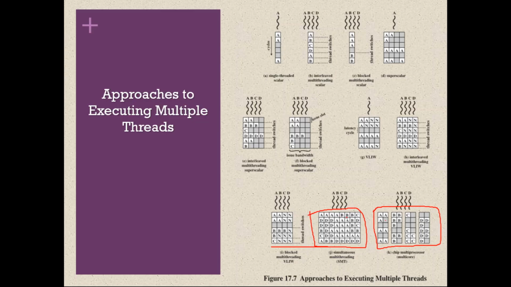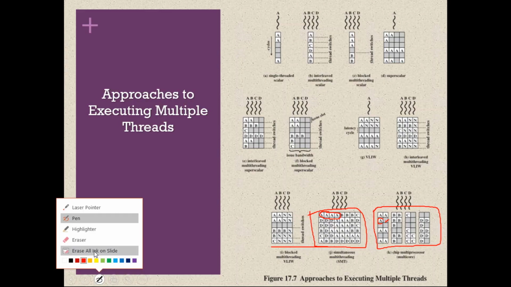SMT is not wasting any issue. Here it got four instructions from thread A, and the remaining four it can fill up from any other thread, B or C or D. That is not possible with a chip multiprocessor. If this is wasted, it is wasted. You cannot take it from B or C. So this is one of the drawbacks of the chip multiprocessing technique.